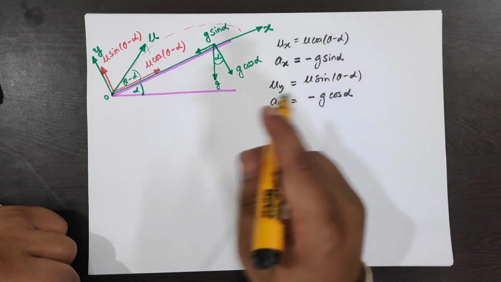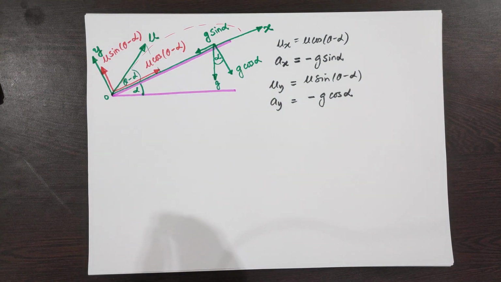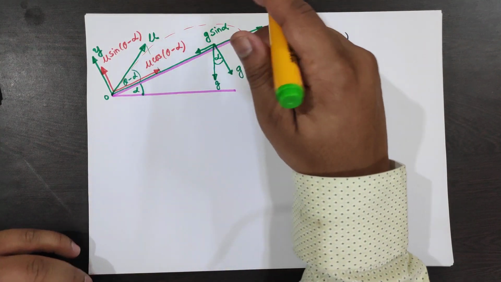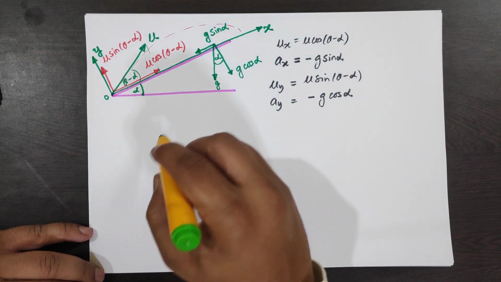Now, if you look at this motion, any two-dimensional motion, you can look at it as the projection on the y-axis and the projection on the x-axis.